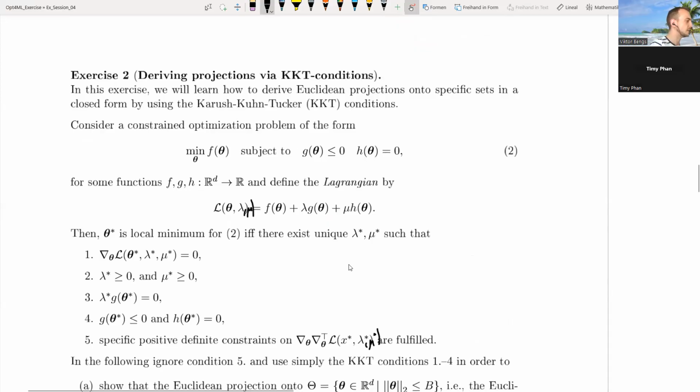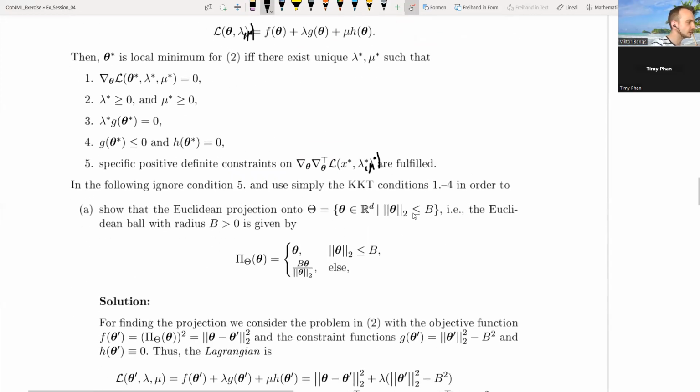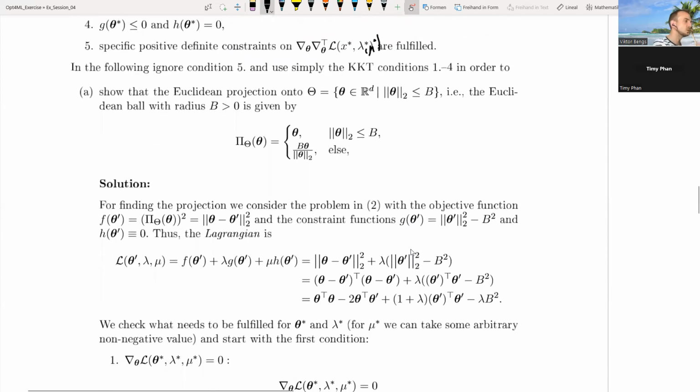Because if theta is like this, we are in fact only interested in these inequality constraints, which is given here. We could also look at the case where the Euclidean norm is exactly b. Then we wouldn't have the g function, which we could set to the 0 function, and then specify the h of theta prime as this difference here.